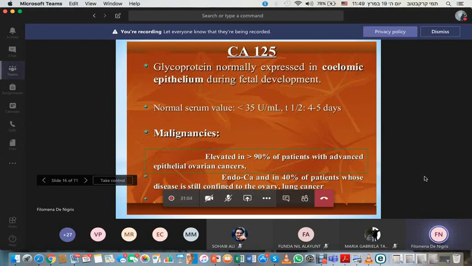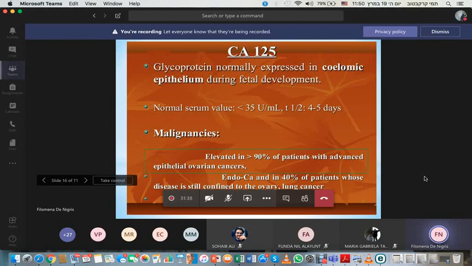CA125 is a very good marker for ovarian cancer, epithelial ovarian cancer, because it is expressed in at least 79% of patients. And its half-life, as I told before, is important to remember, because we monitor the dynamic changes of this marker during the treatment of patients.